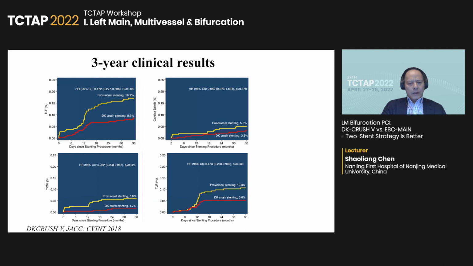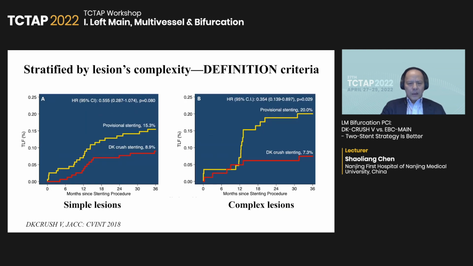A few years ago, we also provided 3-year clinical follow-up. I think these figures are a little bit small to see clearly, but from the figure you can see after 1 year there was further expansion, a separation of the 2 lines between provisional and DK-5 in terms of target lesion failure and also target lesion revascularization. Also, for the analysis of 3-year clinical outcome, we stratified all the patients according to the definition criteria.